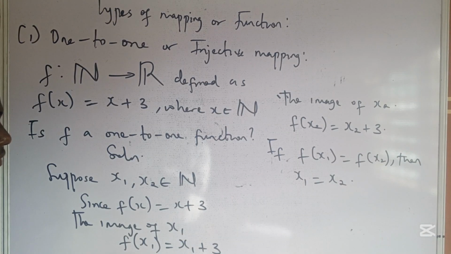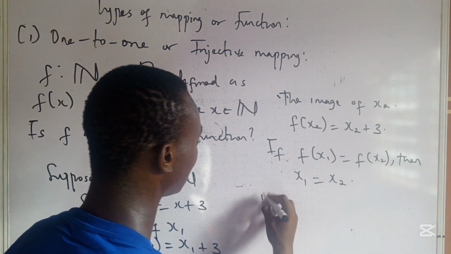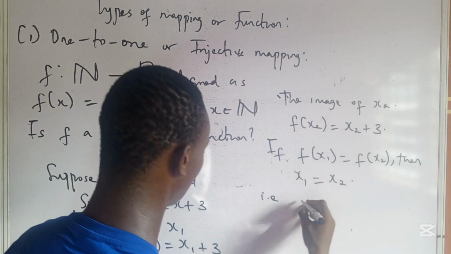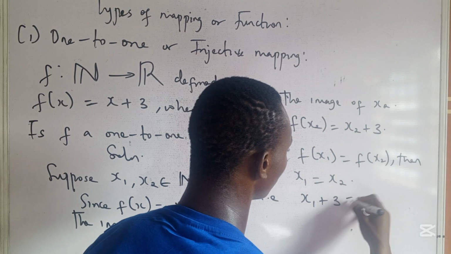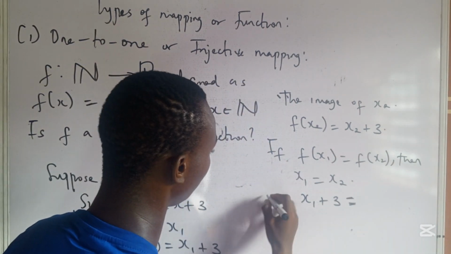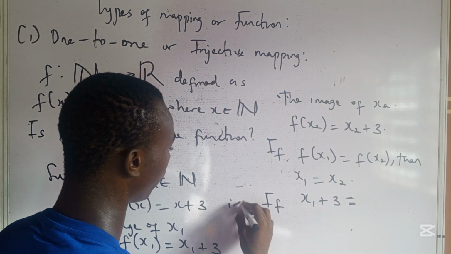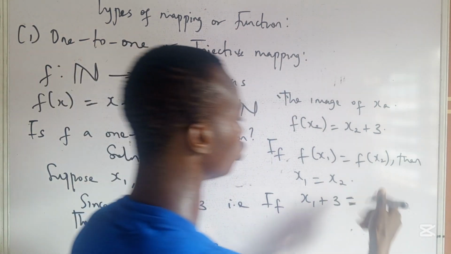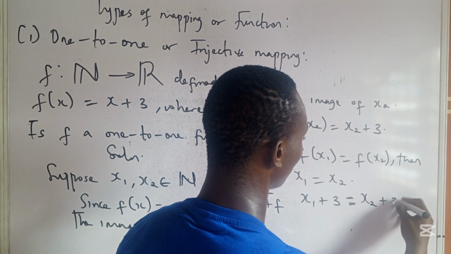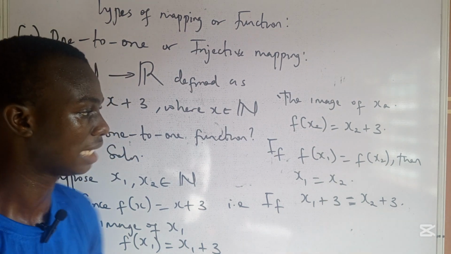But in this case, we have f of x1 as x1 plus 3. We are supposing that if f of x1 equals f of x2, then x1 plus 3 equals x2 plus 3. That's what we have here.